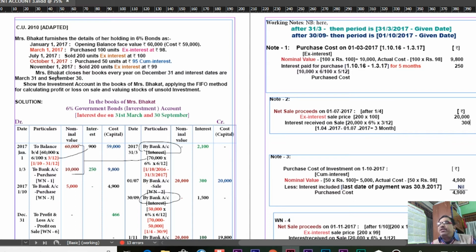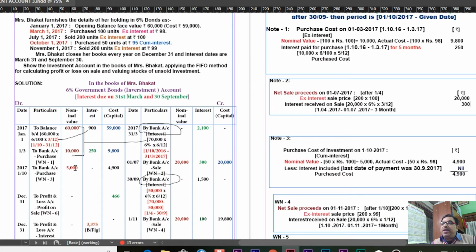The next item is on October 1, 2017, purchase 50 units at 95 cum interest. Now, it is an example of cum interest. Therefore, as it is a purchase transaction, to bank purchase 5,000.